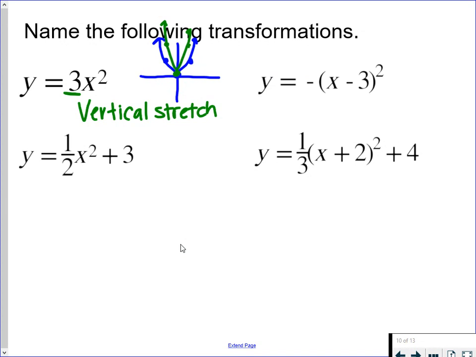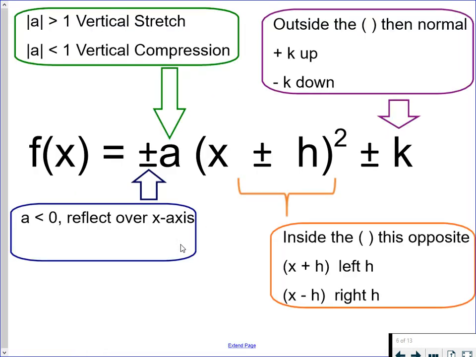Okay, looking at this top right corner, someone tell me all the transformations that are happening there. All right? It's a vertical compression. Okay, so be careful. Look at the difference between what each thing is pointing to.